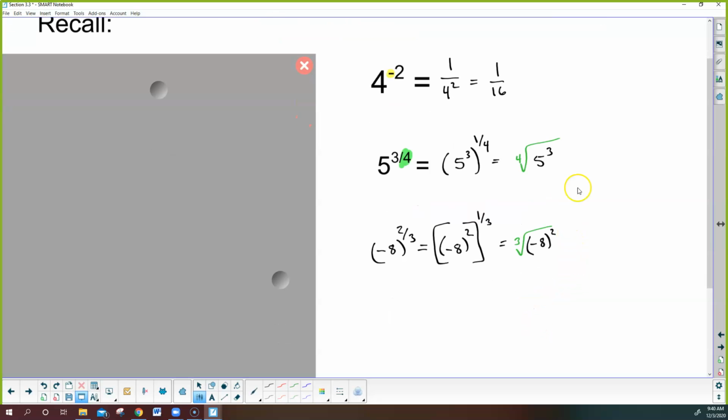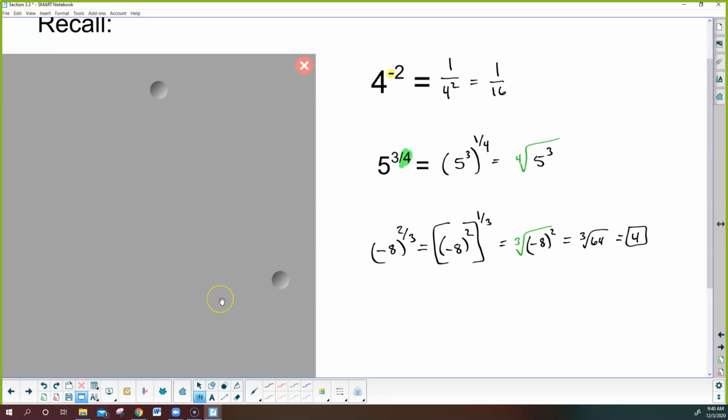Now this still doesn't really help me a ton, right? Now it might, because I know that -8 squared is 64, and you might remember what the cube root of 64 is. If you do, then you got it. Cube root of 64 is 4. So notice I took this answer and I went all the way to 4.